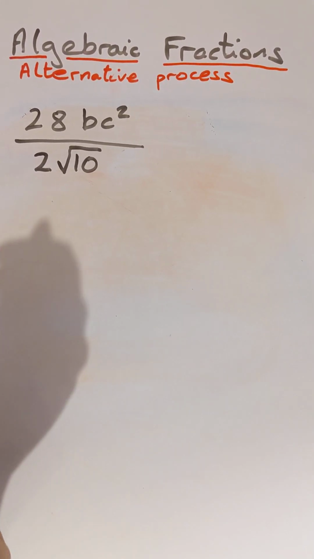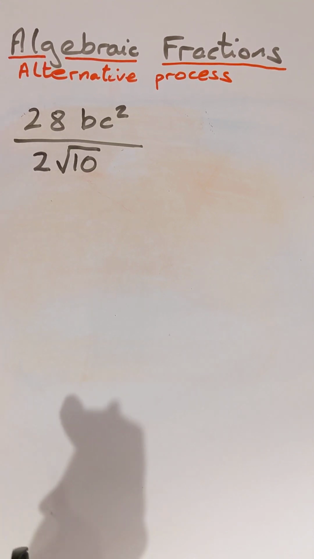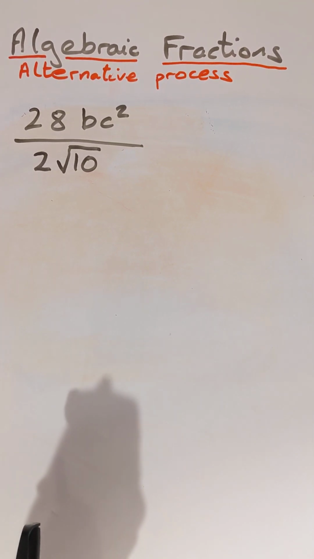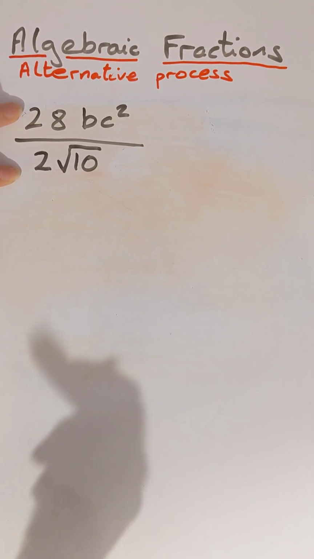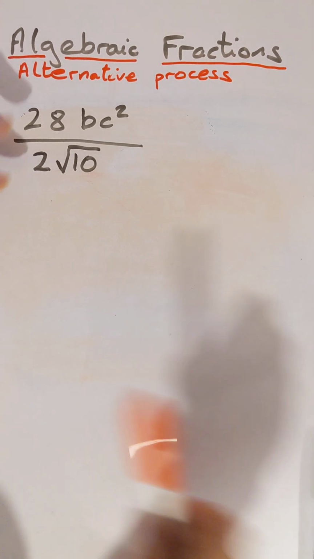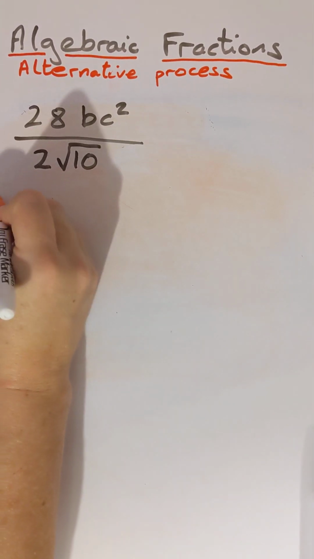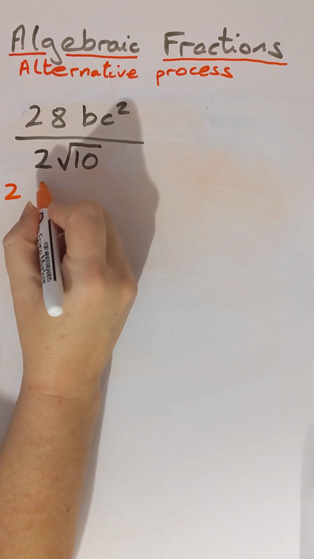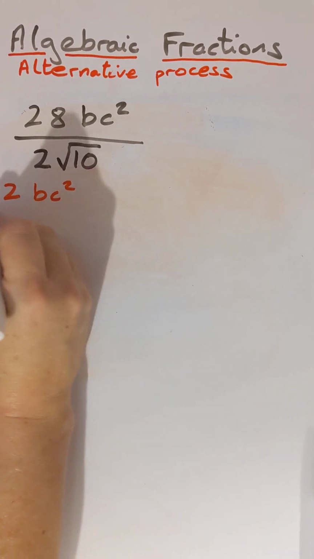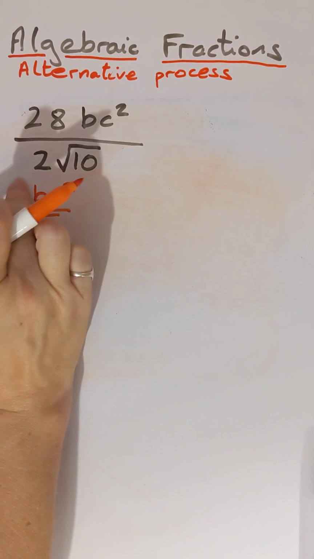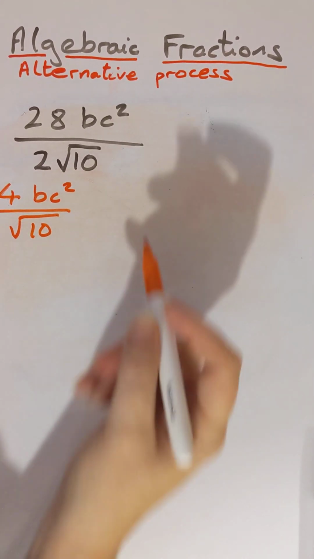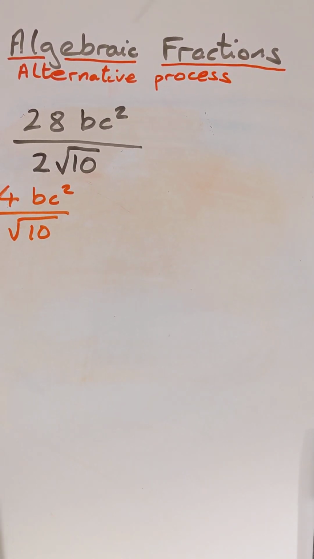Right. There would be two ways to tackle that in the exam. The first would be to cancel down straight away, which you're completely allowed to do. So I could write that as 14 bc squared over root 10, not 12, beg your pardon, 14 bc squared, because I've cancelled down by 2.